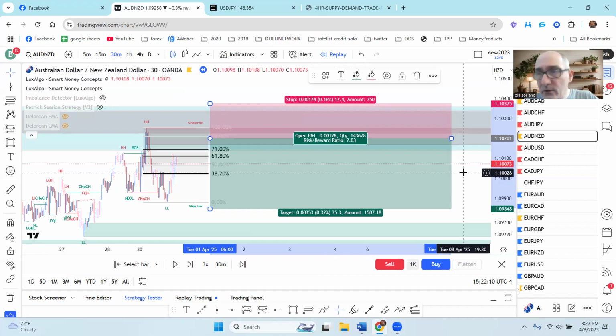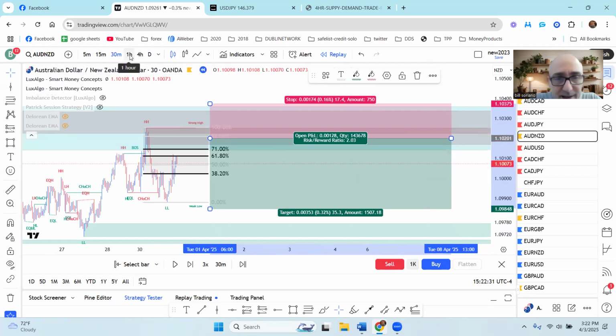We don't have a 1-hour refined zone because we don't have a change of character on the 1 hour. But we do have a change of character on the 30-minute after we got the sell shift on the 1 hour. If I'm confusing you, you have to watch the videos. So make sure you click on the link to get that free PDF and go through it later on.